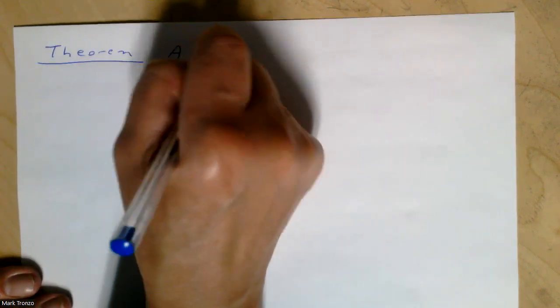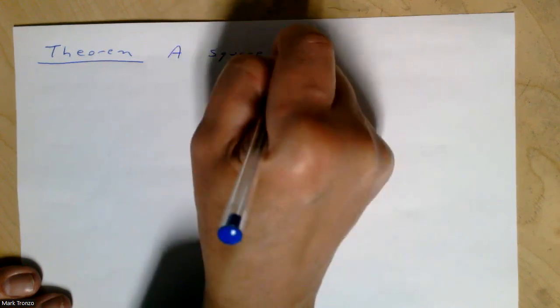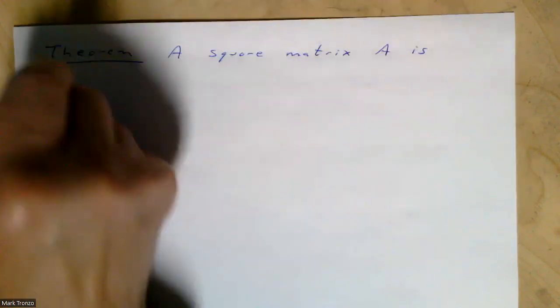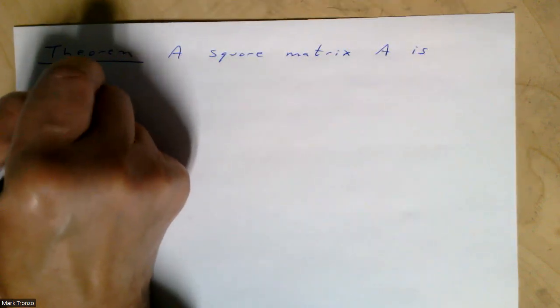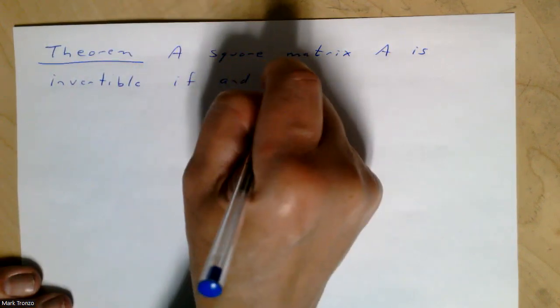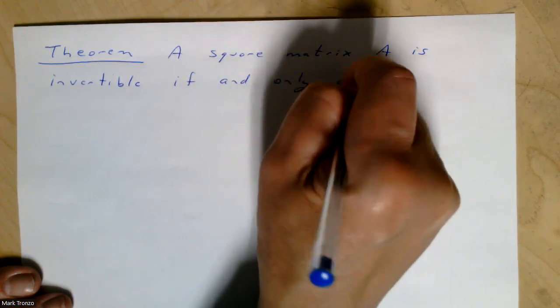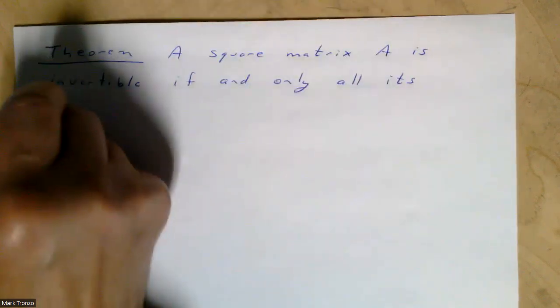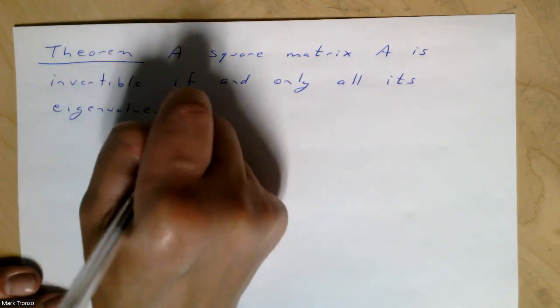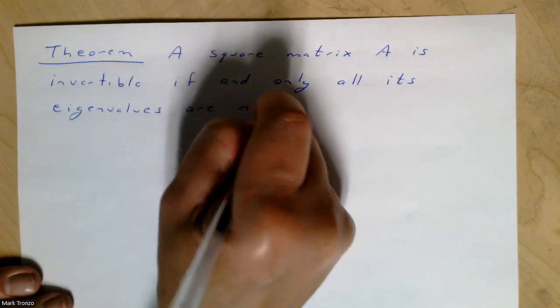And one very important thing, this is a theorem: a square matrix A is invertible if and only if all its eigenvalues are non-zero.